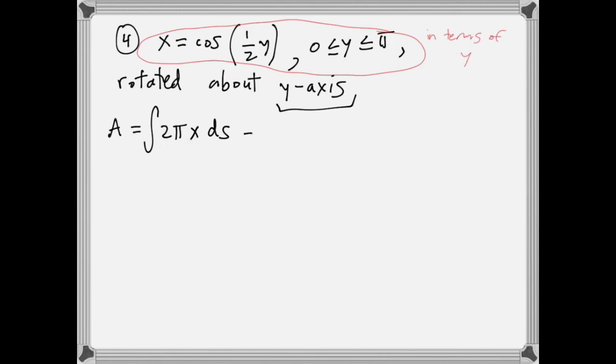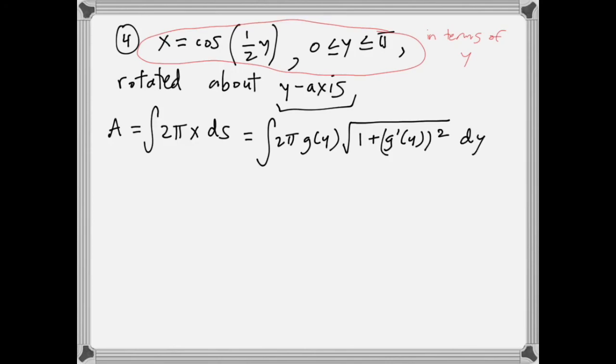And so what is this going to become? 2 pi cosine of 1/2 y. I'll do this on the next part. For now, I'm going to write that this is going to be g of y, and then 1 plus g prime of y squared dy. So let's do the derivative stuff on the next page, okay?